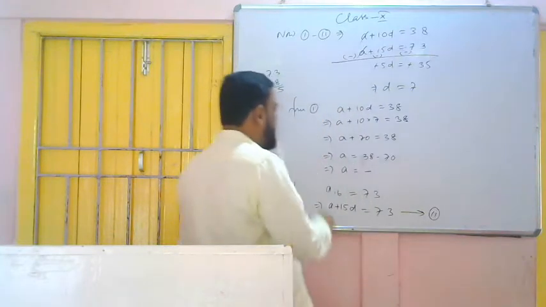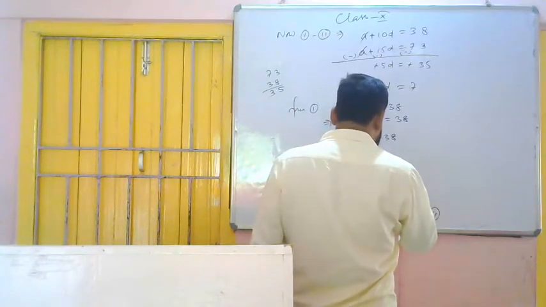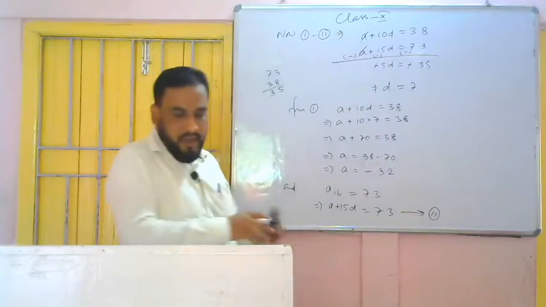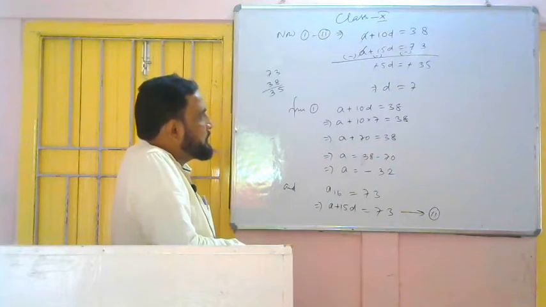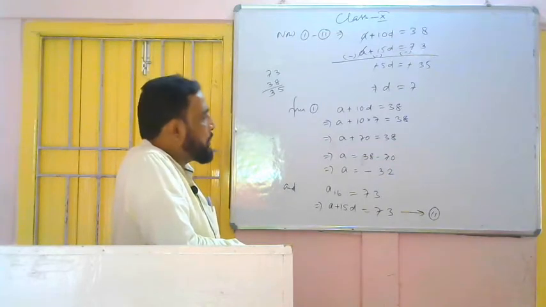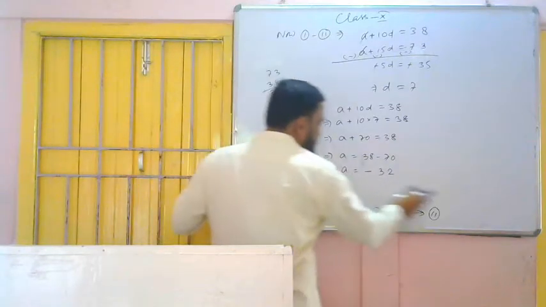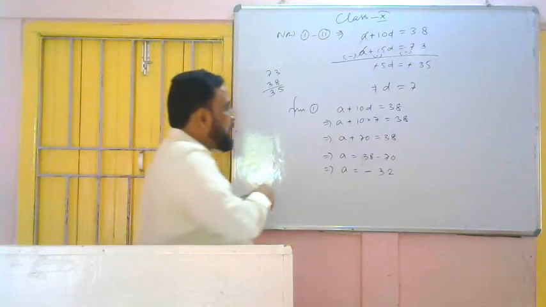Minus 32. A is minus 32. Copy this. So now A and D are found out.